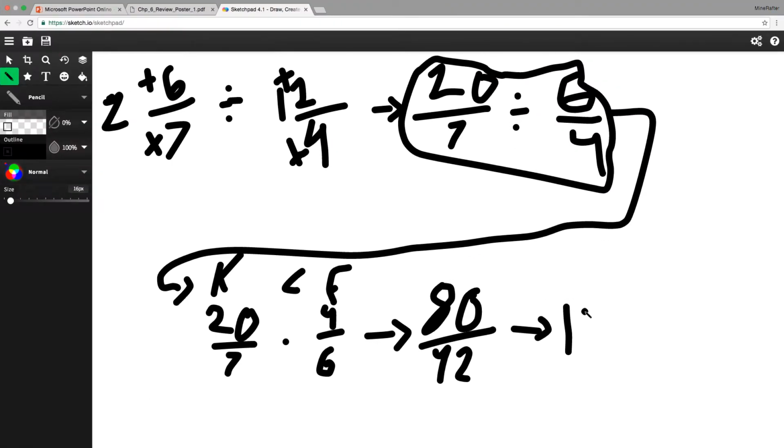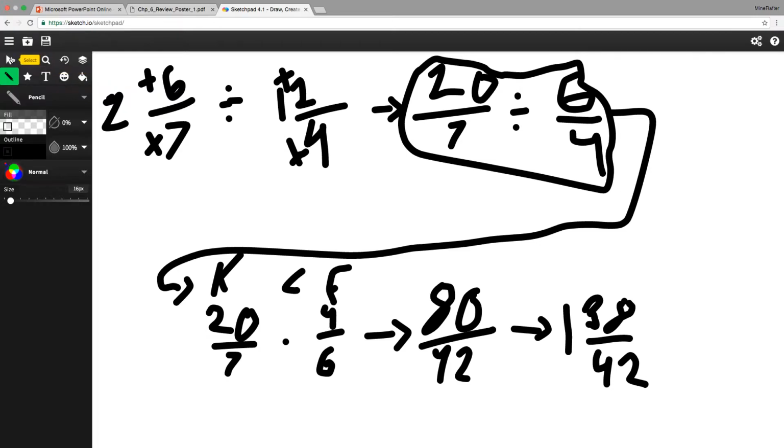So we put 38 as the numerator, and for the denominator we keep it the same, which is 42.